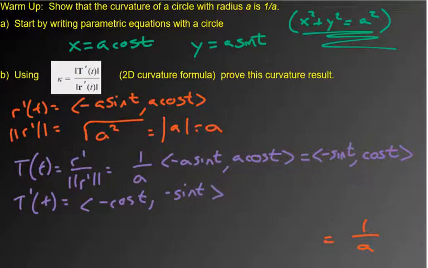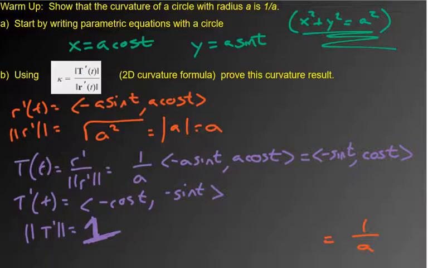And we also need the magnitude of that. If you do the magnitude of this, it works out to be 1, which is nice because you basically just get cosine squared plus sine squared. That's a 1, and the square root of 1 is 1.